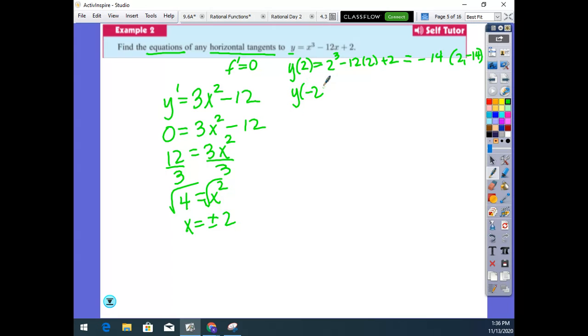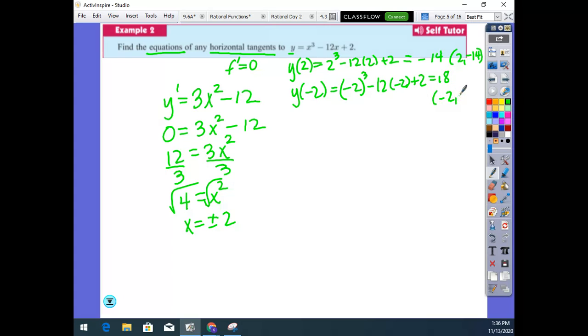And how about when x is negative 2? When you plug all that in, you get positive 18. So these are my two coordinate points when I have the derivative equals 0, horizontal tangent.